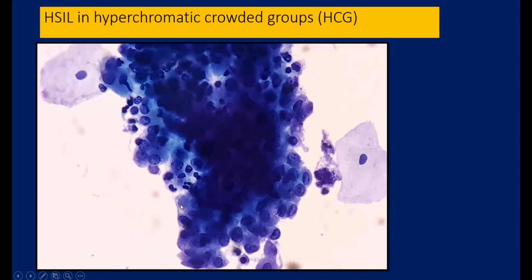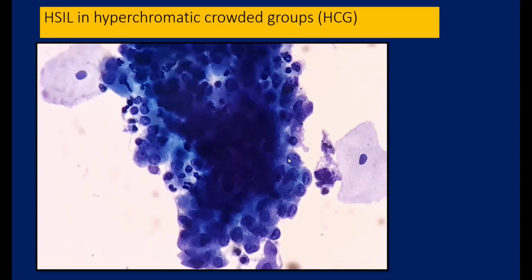If you have sharp edges, it favors HSIL over a glandular lesion. And of course, the cells at the edges are elongated, kind of oval cells, right? These cells over here look clearly metaplastic. So when you put all of these together, they help us call them HSIL in a hyperchromatic crowded group.